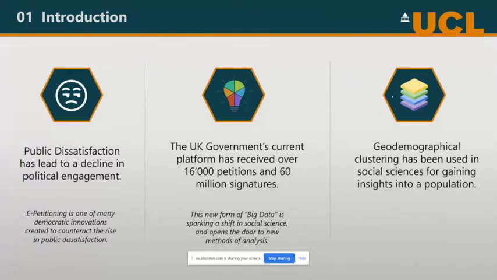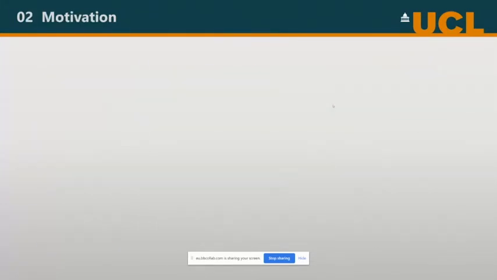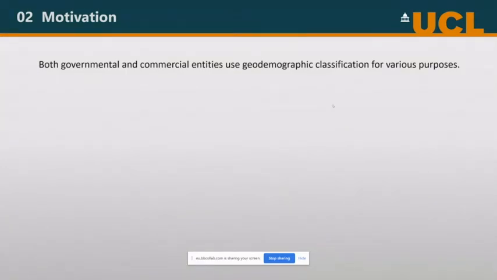It's good for gaining an insight into the population, and for marketing for companies as well, to get a sense of who is buying what in what areas. Like I said, it's been used in healthcare, education, and more recently in a paper by Clark et al. in 2017, public opinion.